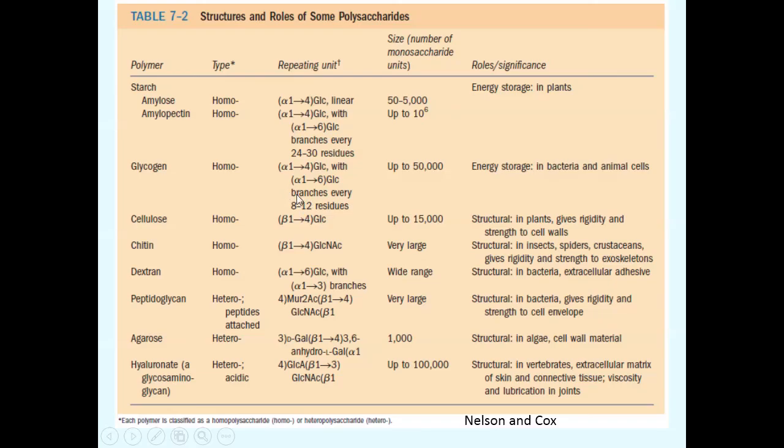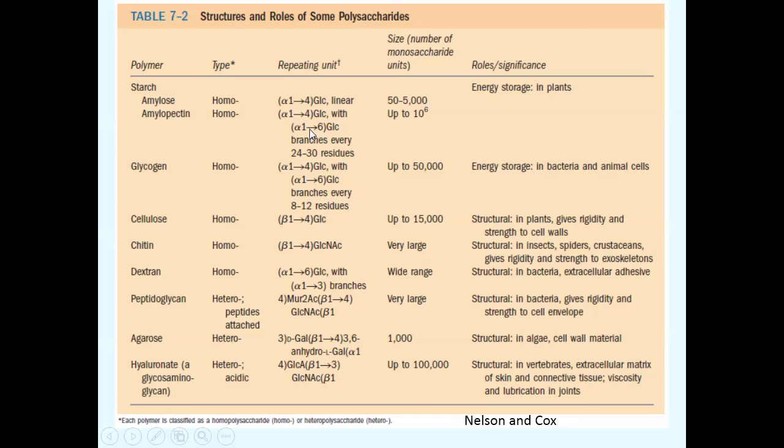This table in the next slide gives an overview of various important types of polysaccharides. Starch contains alpha-1, 4 linkage between glucose monomers in case of amylose. Amylopectin in addition also contains alpha-1 to 6 glycosidic bonds.